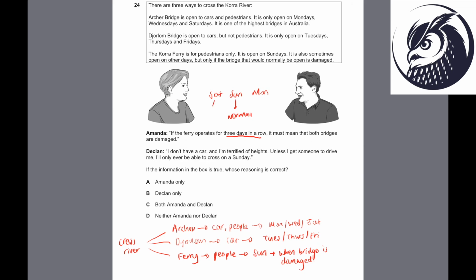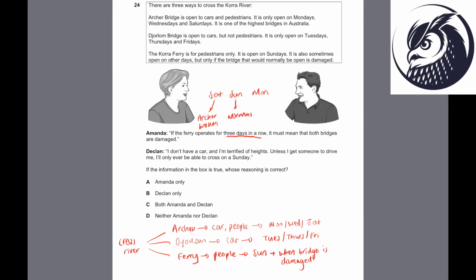Now, if it was open on Saturday, which bridge would have been broken? It would have been the Archer Bridge, because the Archer Bridge is normally open on Saturday. And so if the ferry is running, you can logically say that Archer Bridge was broken. So I'm going to write Archer broken.